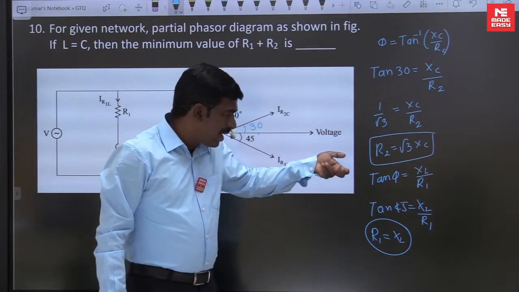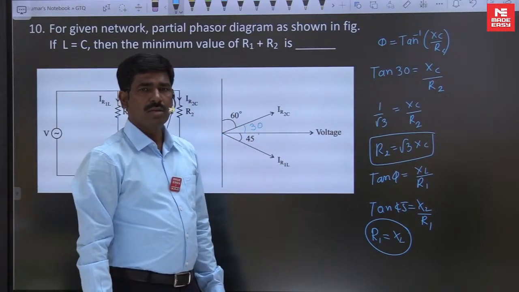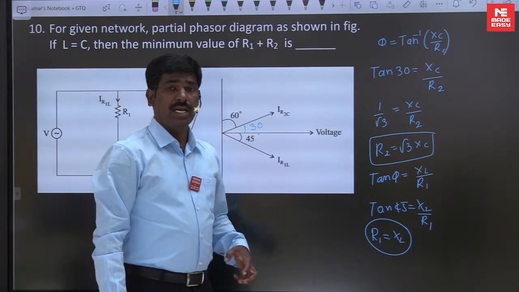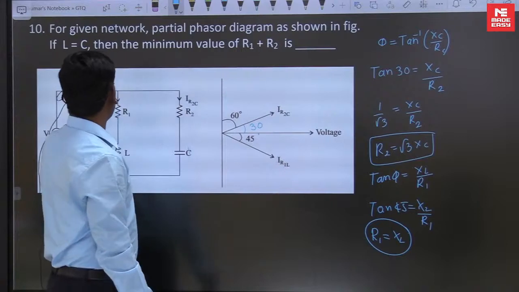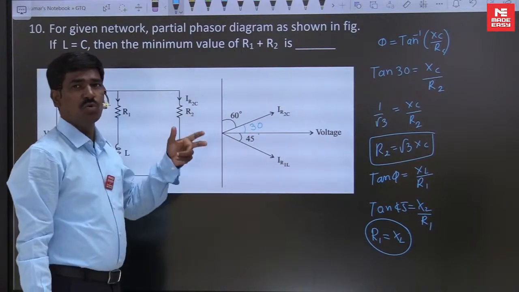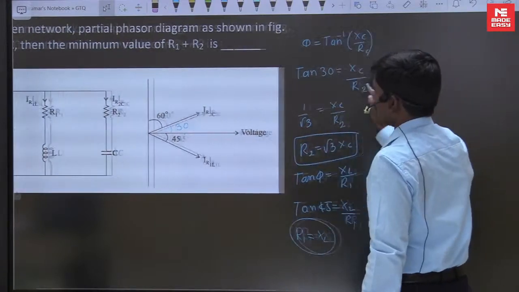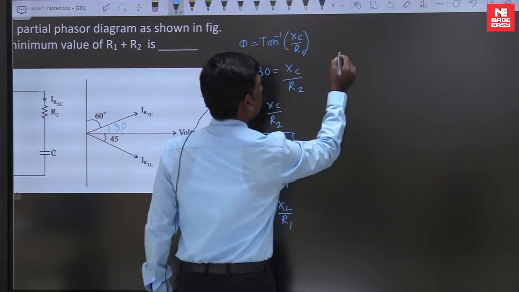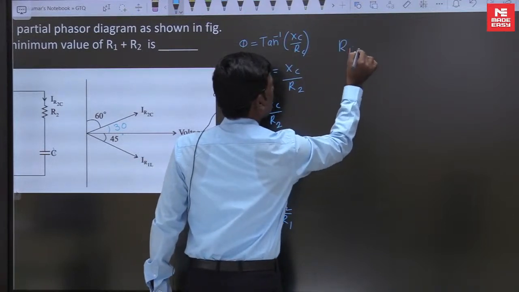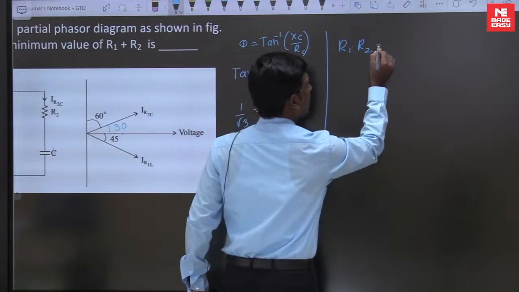If you multiply these two, R1 and R2, then you get the value in terms of L and C. The given information is that L is equal to C. Now I'm just multiplying R1 and R2. R1 into R2 is equal to XL times root 3 XC.